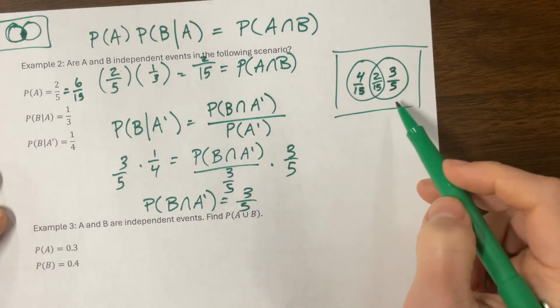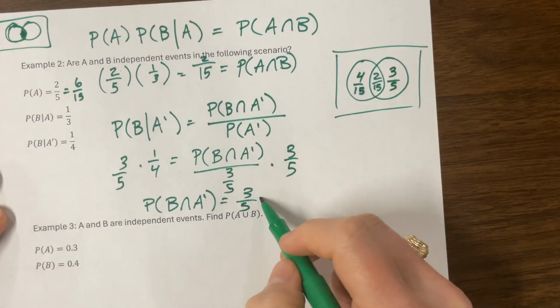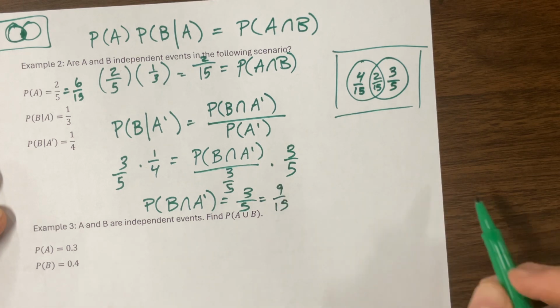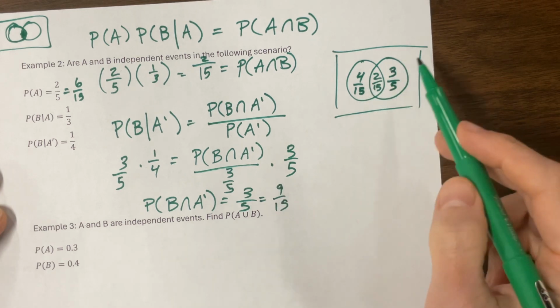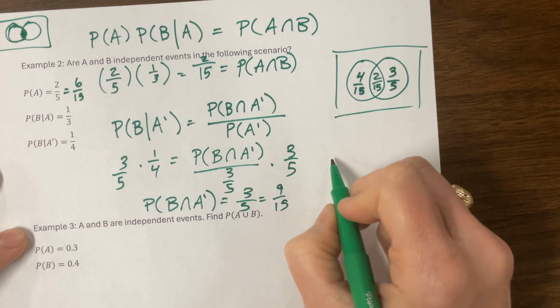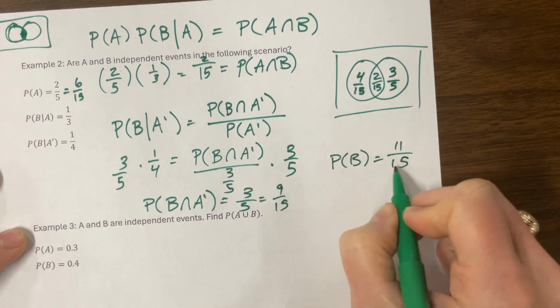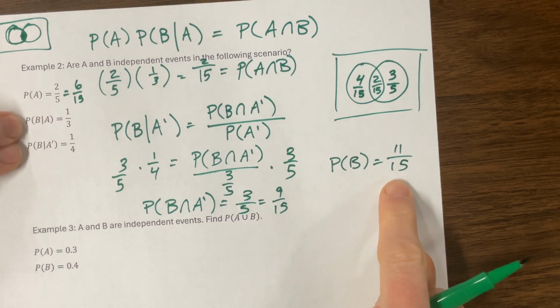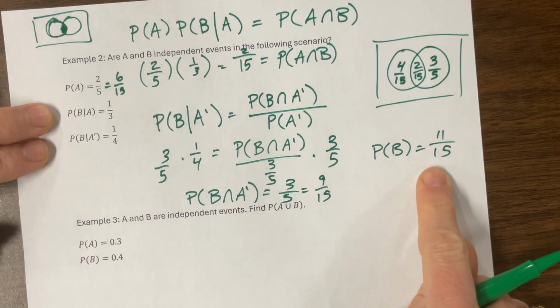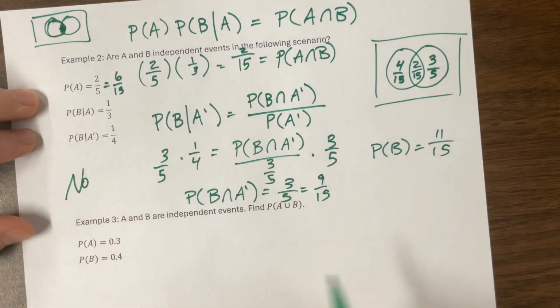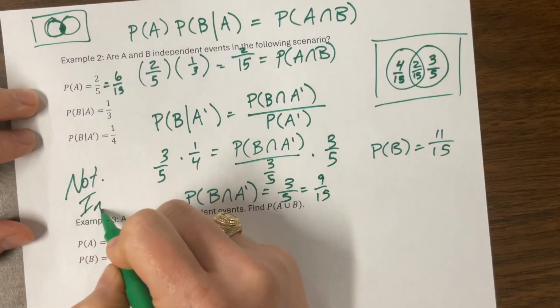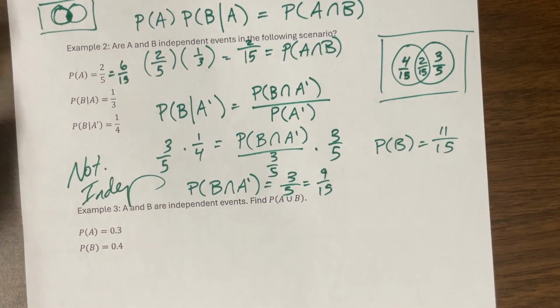So this probability of B, this becomes 9/15. 9/15 plus 2/15, the probability of B would equal 11/15, which you will notice is not the probability of B given A over here. Okay, so are they independent? No, not independent. I'm too lazy to write out the word.